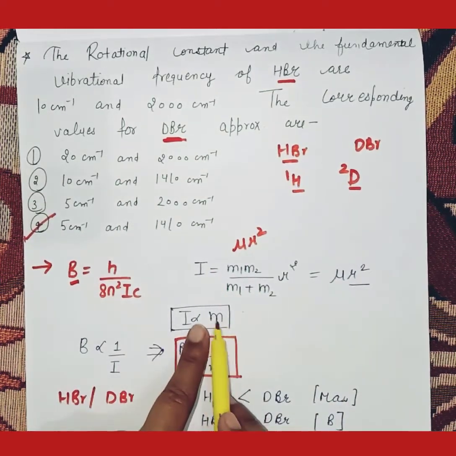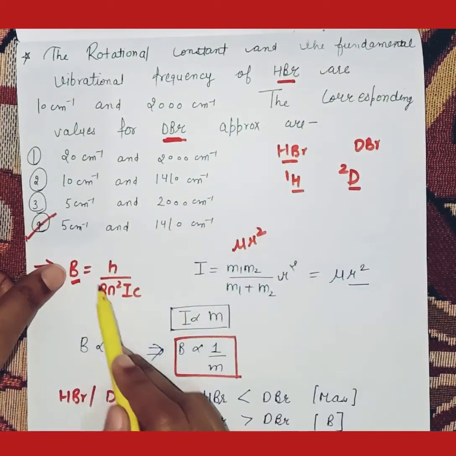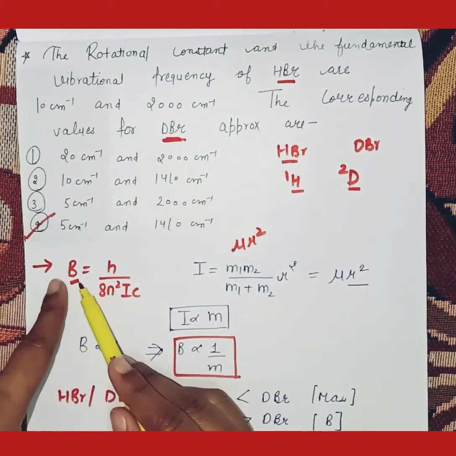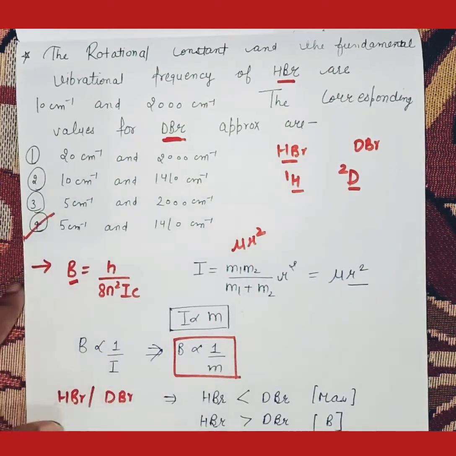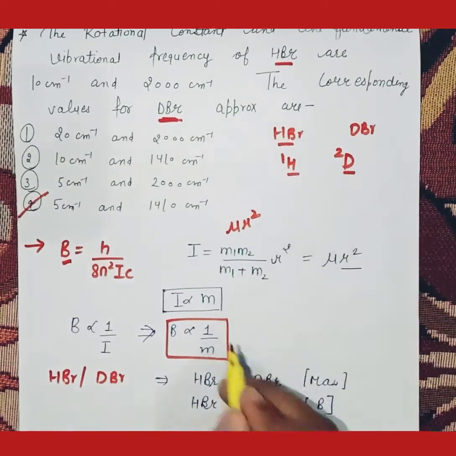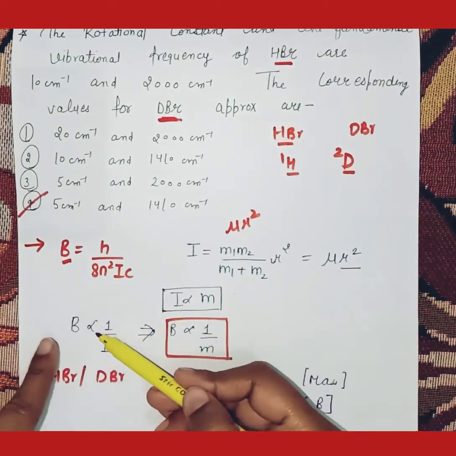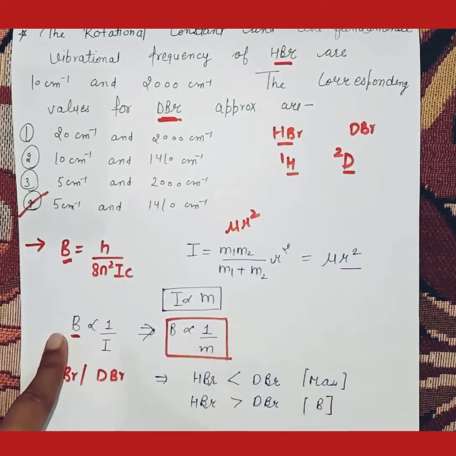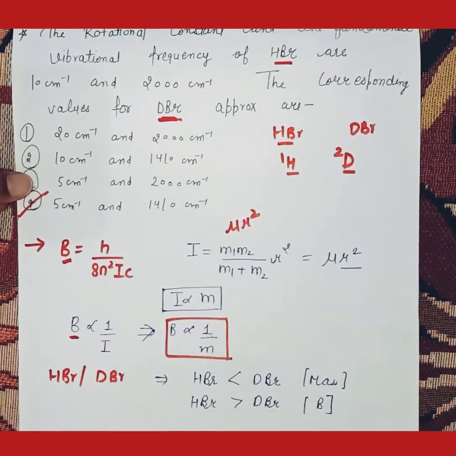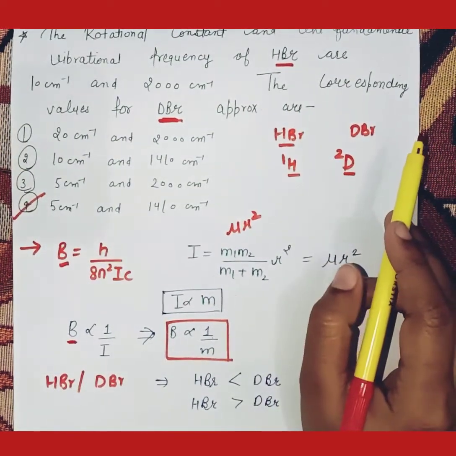If mass increases then I increases, and the rotational constant is inversely proportional to I. So in the case of DBr, the mass number increases, the inertia increases, and the rotational constant decreases. So the rotational constant of DBr is less than that of HBr.